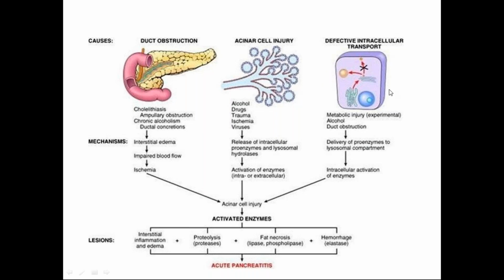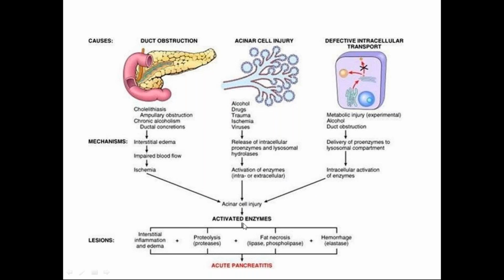Because of defective intracellular transport, metabolic injury, and duct obstruction, all of these lead to interstitial edema and premature activation and release of various proenzymes and lysosomal hydrolases. All this leads to intracellular activation of enzymes, finally culminating in acinar cell injury.